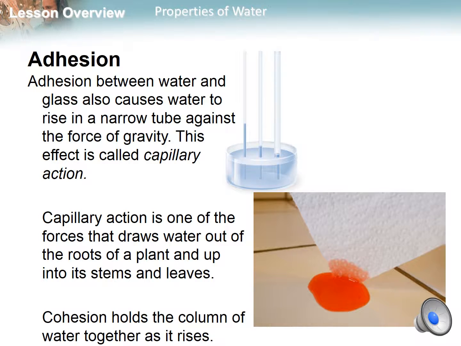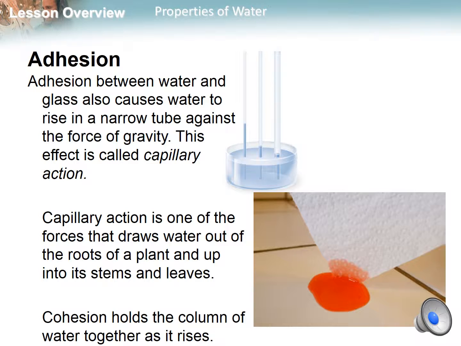Other examples of adhesion would be capillary action. In this case, this is where the water in a glass rises against the force of gravity. Capillary action is what pulls water out of the roots of a plant and up the stems and into the leaves.